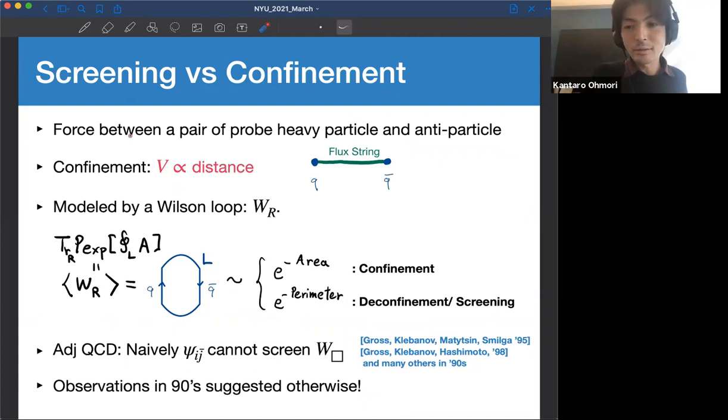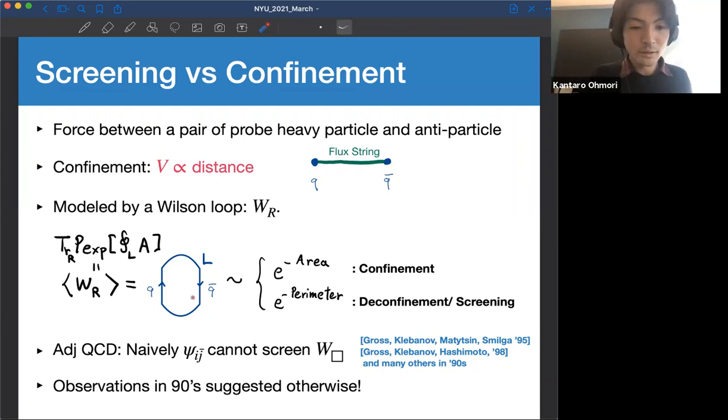Confinement means that if you put in an additional probe heavy particle, not the massless fermion, then if it's confined there is going to be a flux string stretching between the probe quarks. The quark-antiquark pair feels a linear potential asymptotically, and such a Gedanken experiment can be modeled by a Wilson loop.